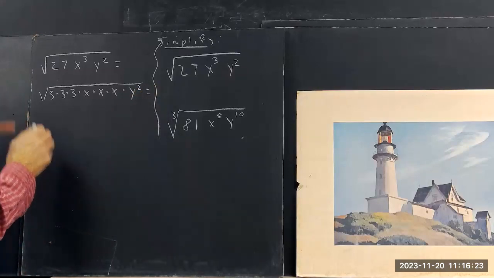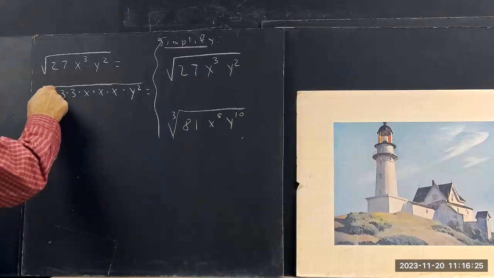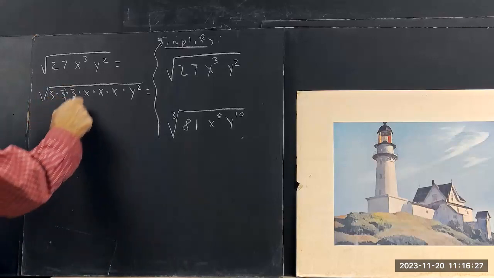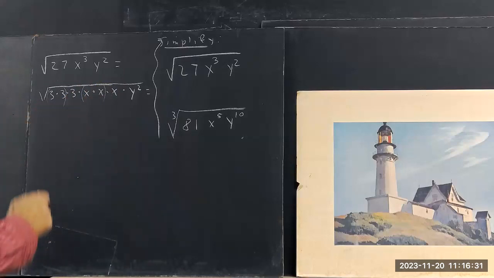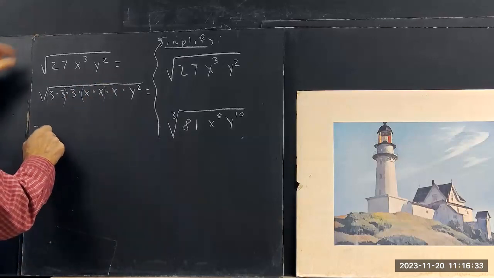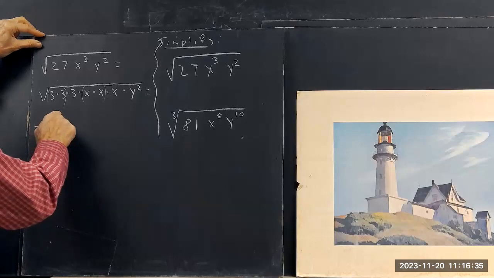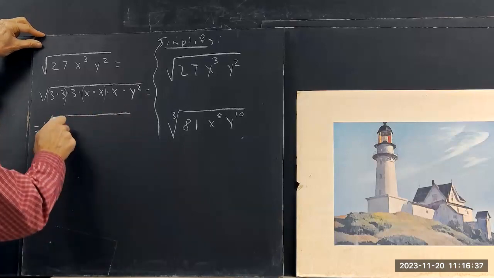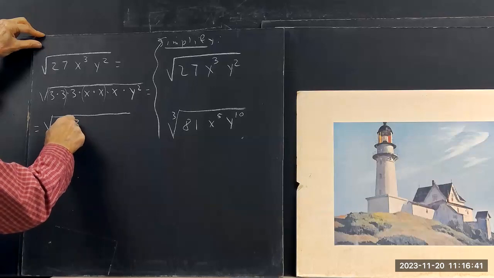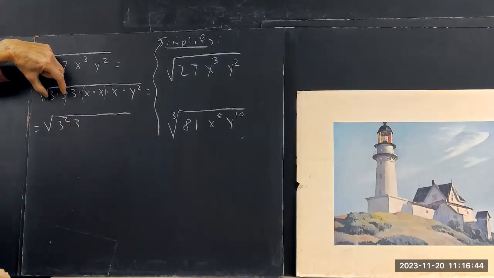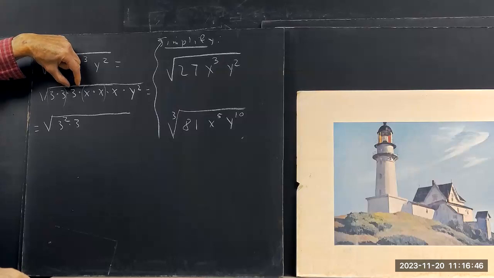Okay, there it is. Now, if I group 2 of these 3's and 2 of these x's, I can write this as square root of 3 squared times 3. Right there's 3 squared, and there's 3.